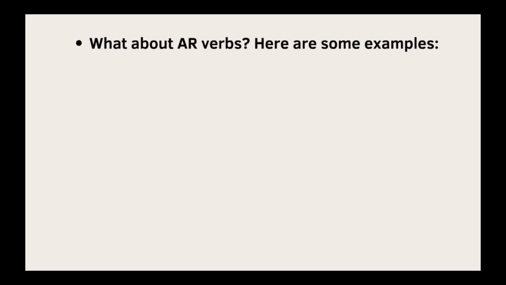Now what we just talked about was verbs that end in ER or IR. But what about those verbs that end in AR? Because Spanish verbs in the infinitive form can have 3 endings, ER, IR, or AR. So here are some examples of how we form the imperfect tense when we're talking about AR verbs.